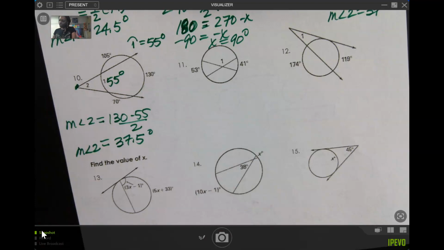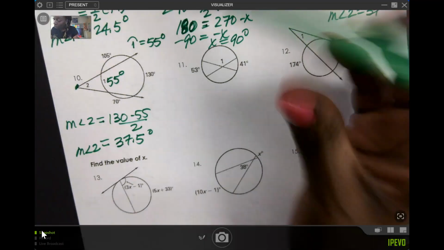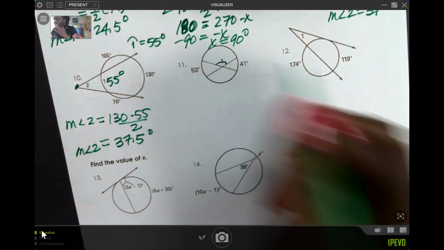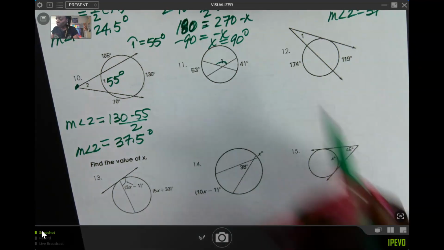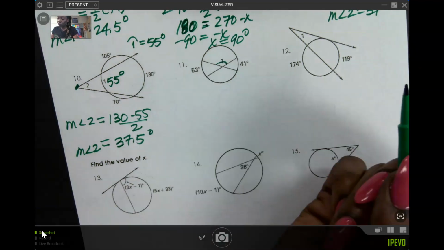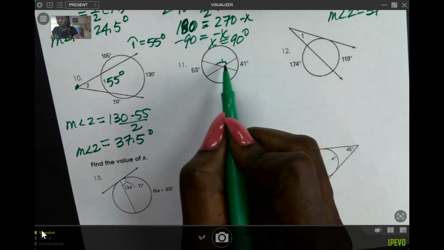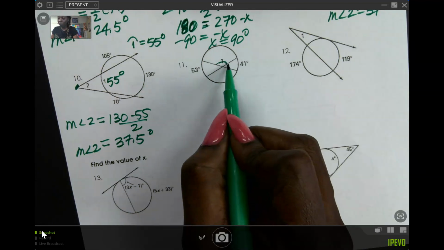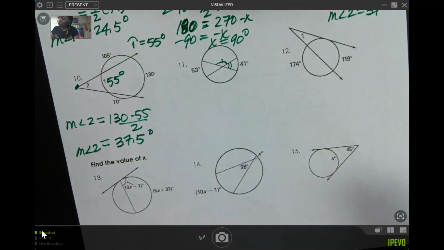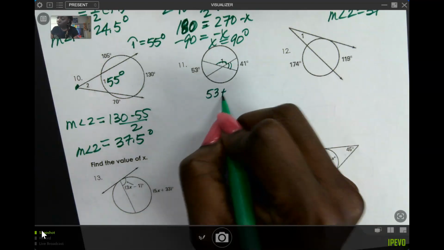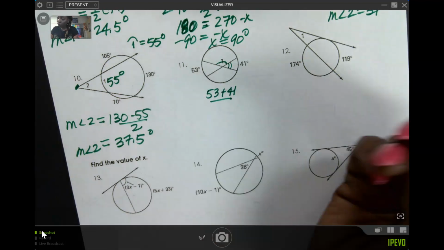All right. And here we want angle 1. Okay, we're looking for angle 1 here. So we can get this inside one by taking the average of the arcs and dividing by 2. That's not going to be angle 1, but it's going to be the one that's supplementary to it, right? So I'm going to take 53 plus 41.